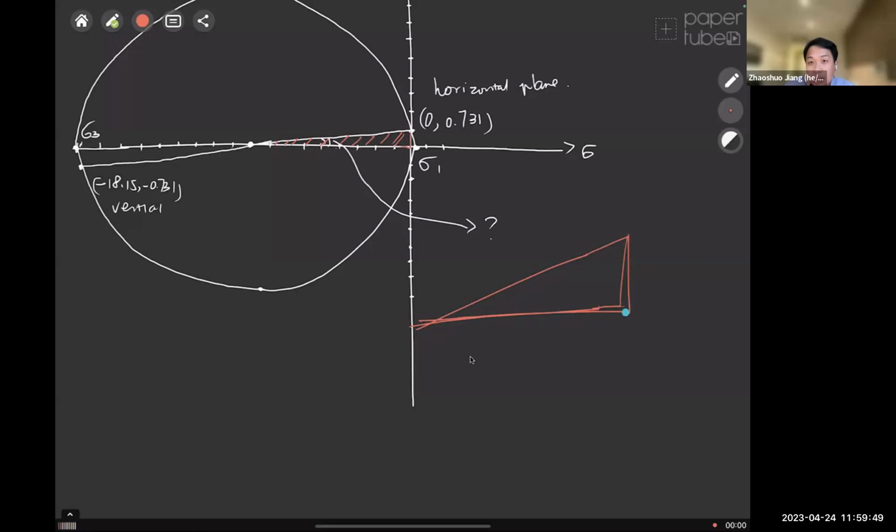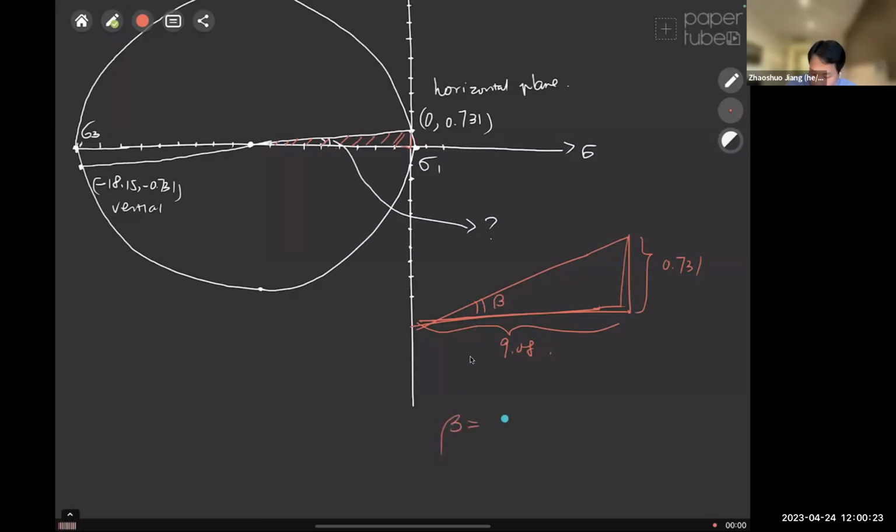So, horizontal. If you look at that, this distance here is 0.731, and that distance is going to be the R, the center of the circle, which is 9.08. Therefore, in order to calculate this angle here, let's say this is our beta.